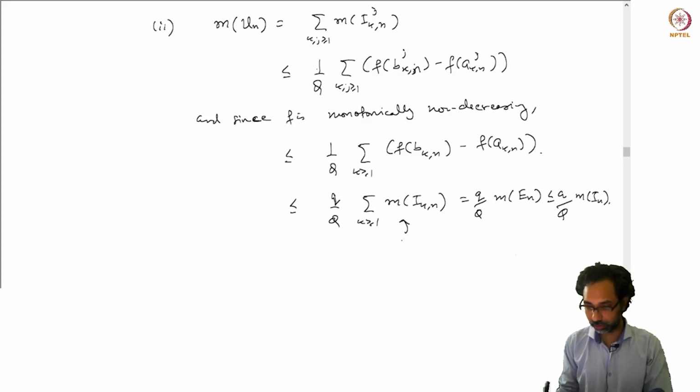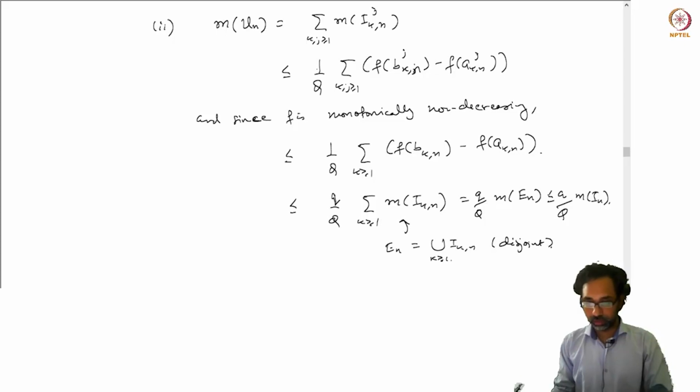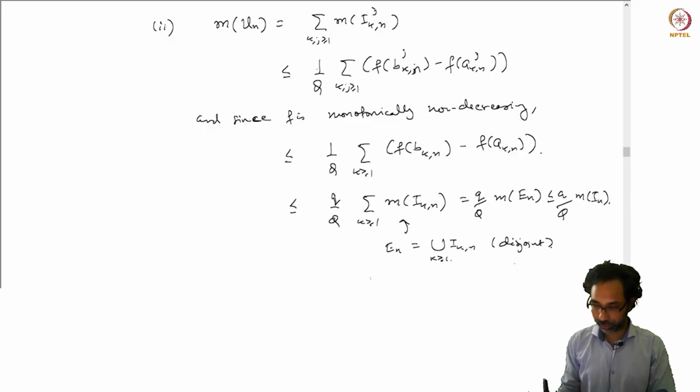This is a disjoint union, because E_n was the disjoint union of I_{k,n}, k greater than or equal to 1. So we get our result that m of U_n is less than or equal to small q over capital Q times m of I_n.